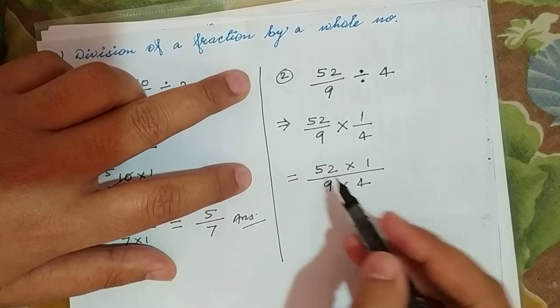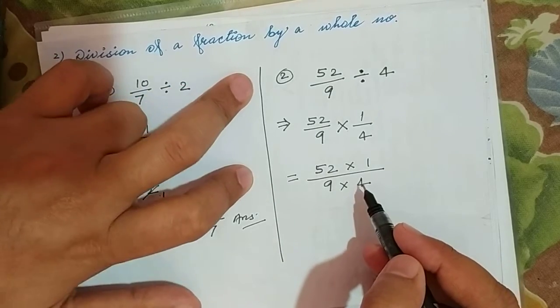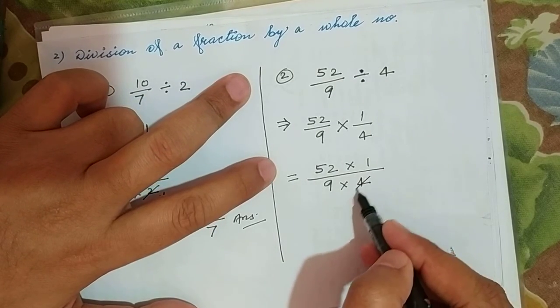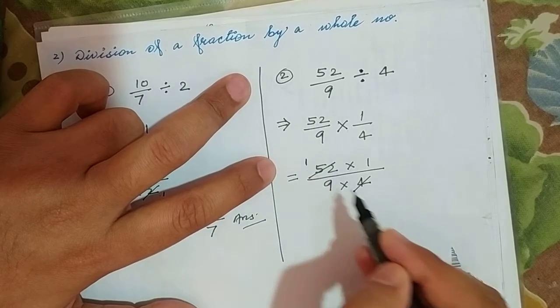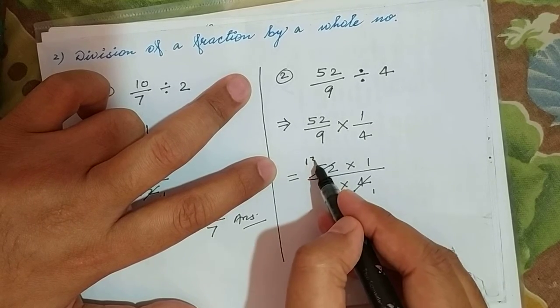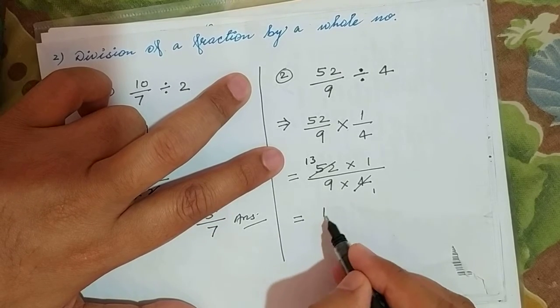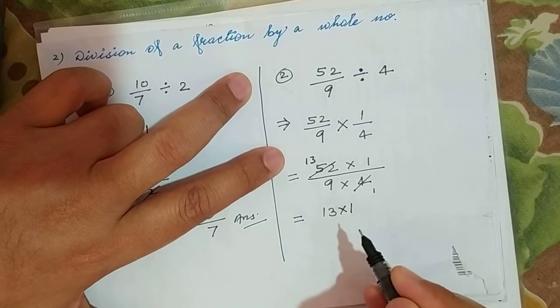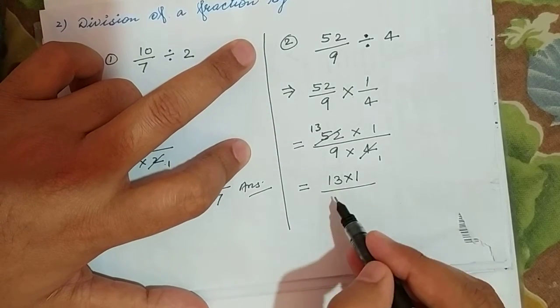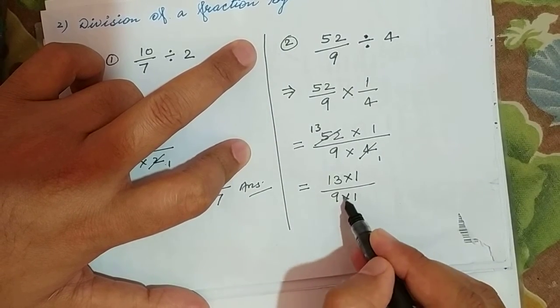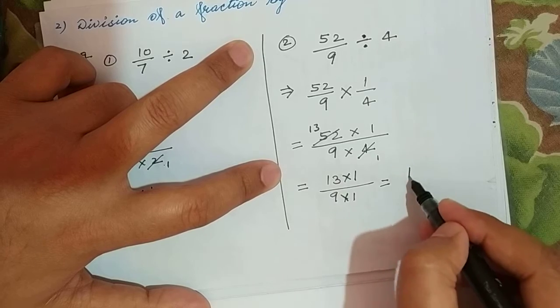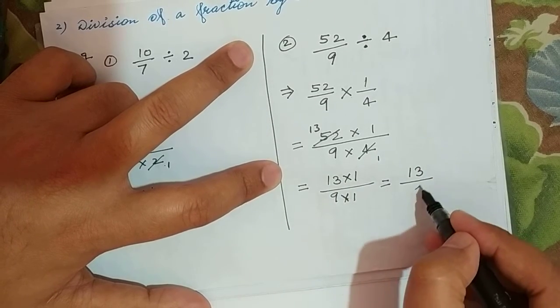This 52 and 4 have a common factor, that is 4. 4 ones are 4 and 4 thirteens are 52, 4 ones are 4 and 4 twos are 8. So we are getting numerator 13 into 1 and in denominator 9 into 1. So 13 ones are 13 and 9 ones are 9.